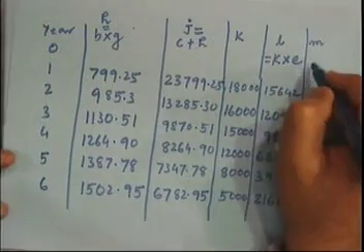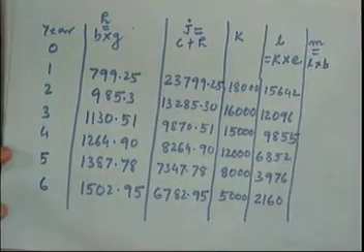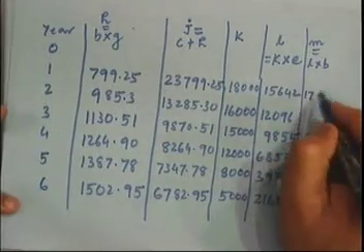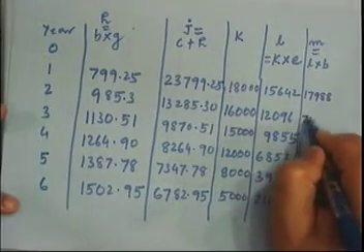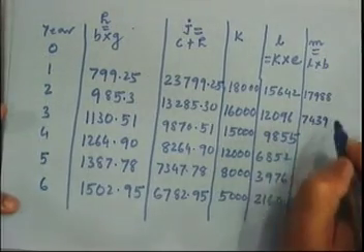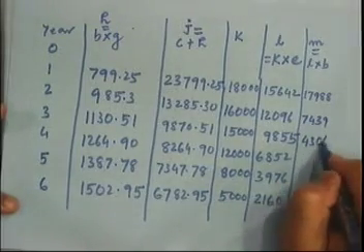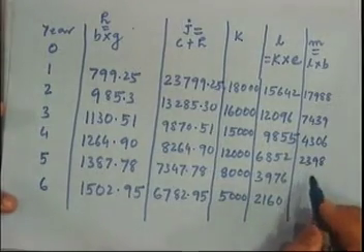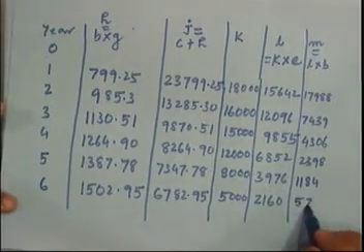So, M is L into B, and this value would be 17988 point something, 7439, 4306, 2398, 1184 and 570.